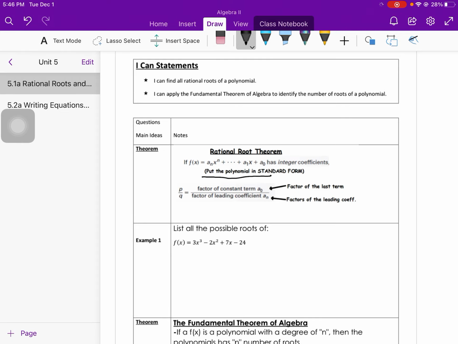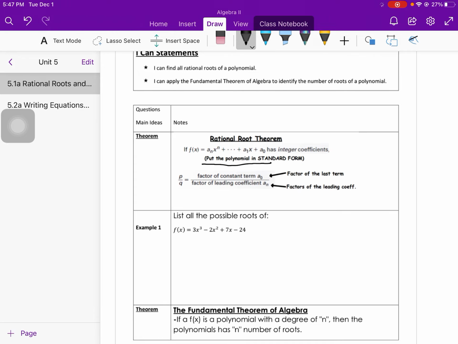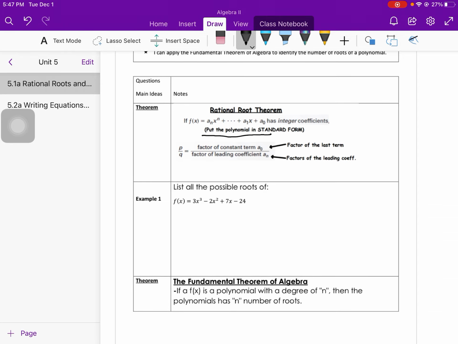But it's p over q, where p is the factors of the constant term, so whatever the last number that doesn't have the variable is. And then q is the factors of the leading coefficient, so whatever our a value is. It's the combination of all of those, plus or minus though, because they can be positive or negative, as we've seen with solutions in the past.